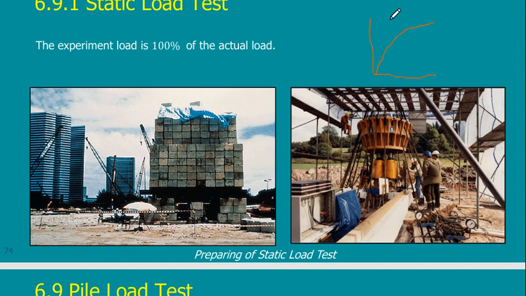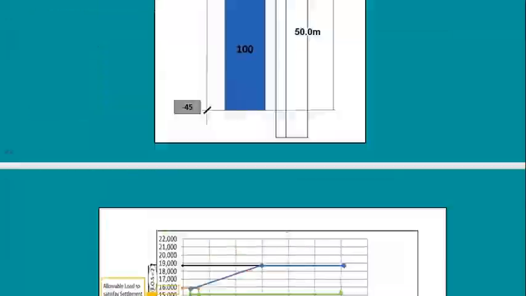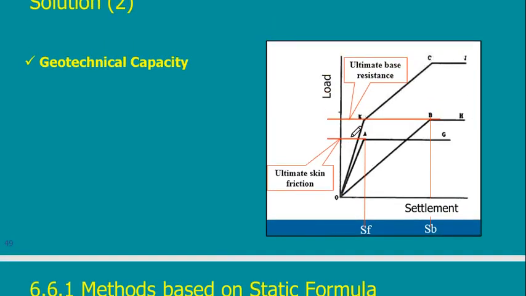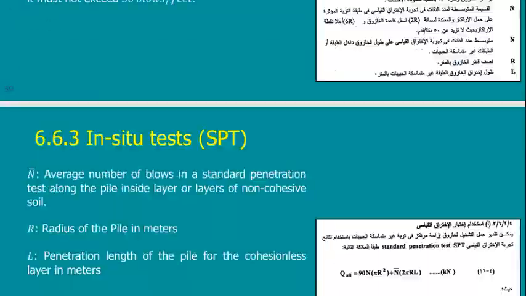This is the loading curve of the pile. If you remember, this is similar to what we said before when I was using the graphical method. I said that this line resembles the loading curve of the pile. So this is exactly what we need here.